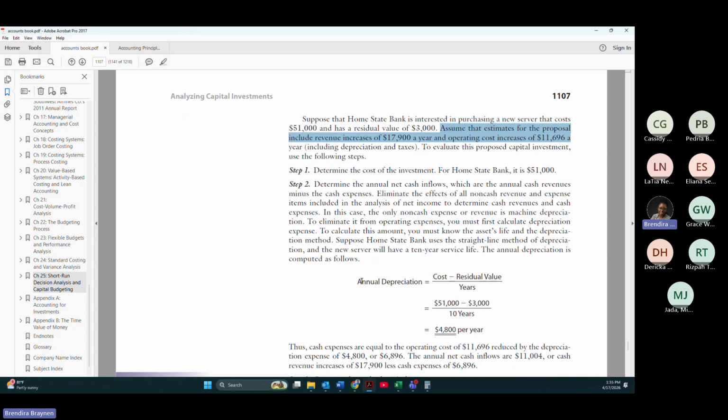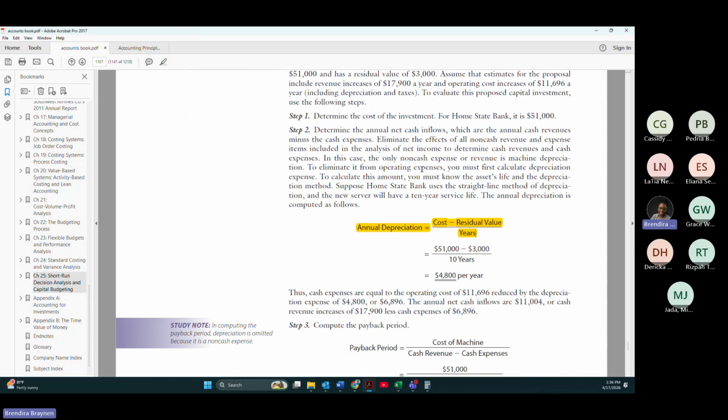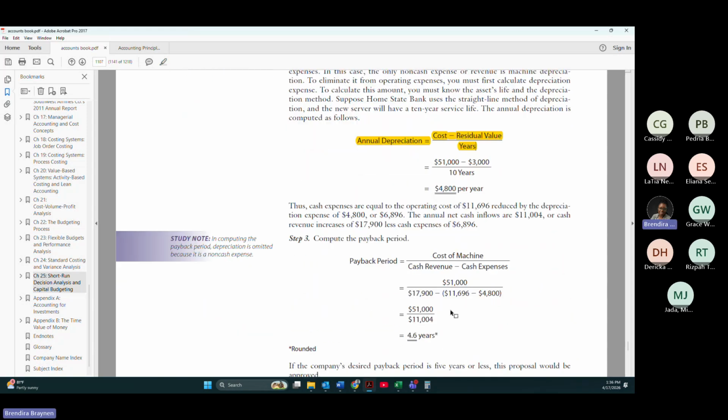Most times they keep it simple and they use the straight line method, which we know is cost minus the residual value divided by the number of years. All right, so this is just the straight line method depreciation that y'all learned in 105. So calculate that and remove it. And then the payback period just equals the cost of the machine divided by cash revenue minus cash expenses.